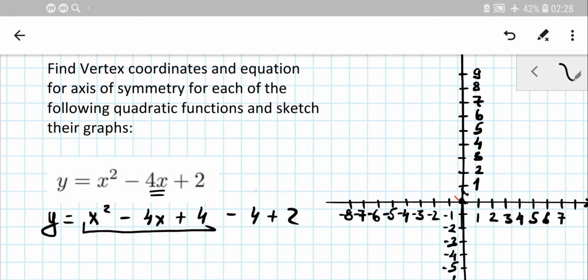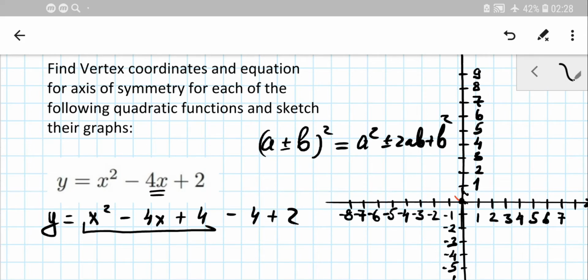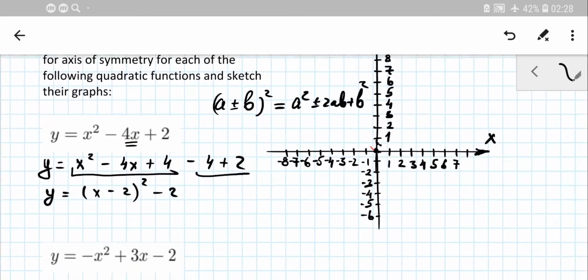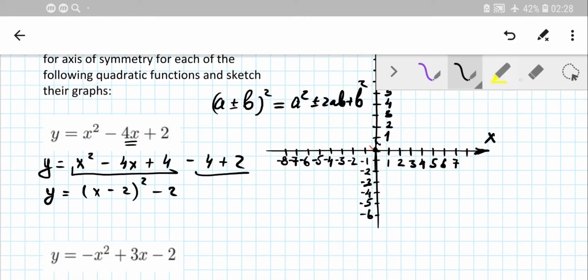Remember the formula? (a plus/minus b) squared is a squared plus/minus 2ab plus b squared. I use it here, so it's going to be (x minus 2) squared, and the rest is minus 2. You see, it's real fast.